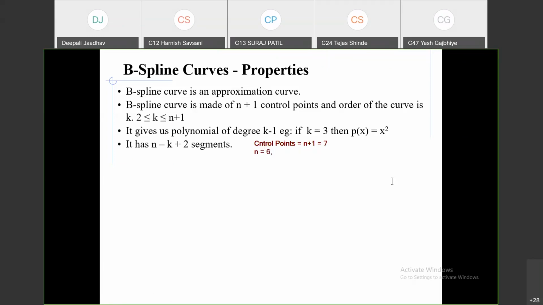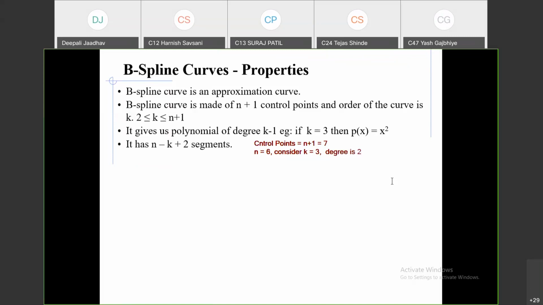Let us consider k is equal to 3, where k is greater than or equal to 2 and less than or equal to 7. So here we consider k is equal to 3. So what is the degree of polynomial here? The degree of polynomial is 2, x raised to 2.